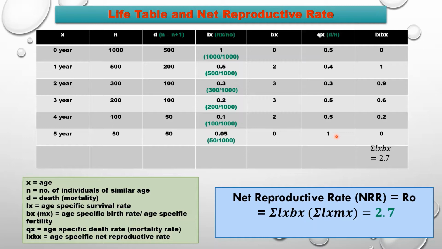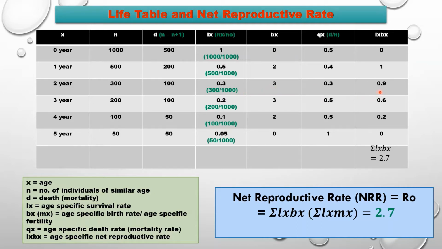Next is LXBX. Here in 0 year LX is 1 and BX is 0. So LXBX is 0. In 1 year LX is 0.5 and BX is 2. So LXBX is 1. In 2 year LX is 0.3 and BX is 3.